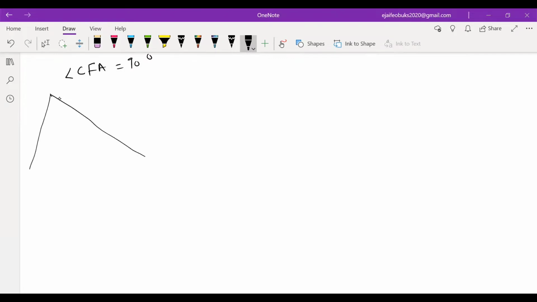Okay, so this is the triangle, not too accurate, just something we can work with.